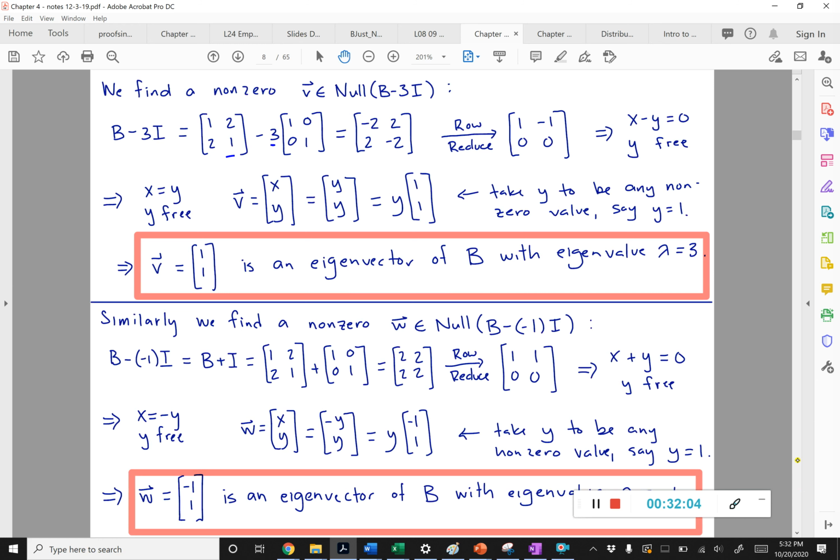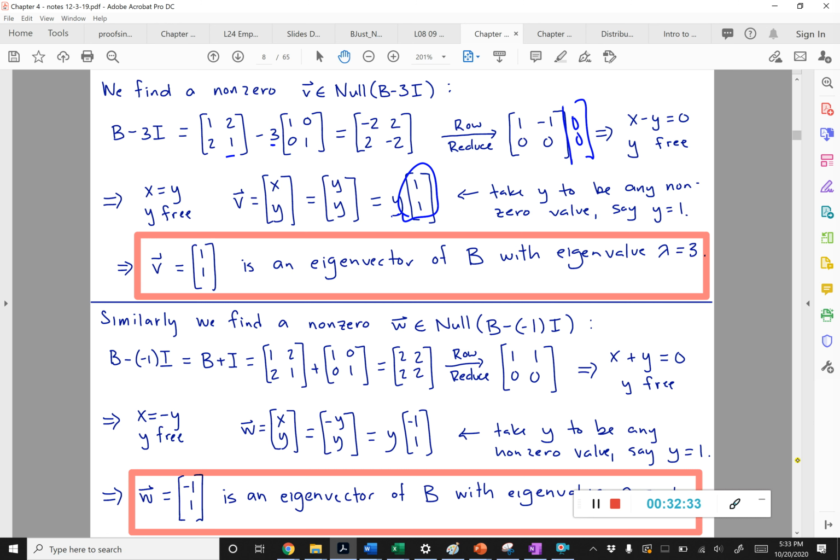Then you row reduce, or think about it as augmenting with the 0, 0 and finding what solutions there are. It turns out this is the basis, so any y or t times that is an eigenvector. So any multiple of this 1, 1 is an eigenvector.